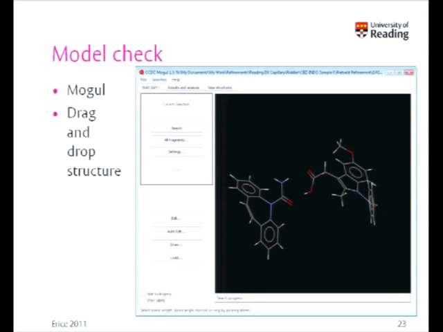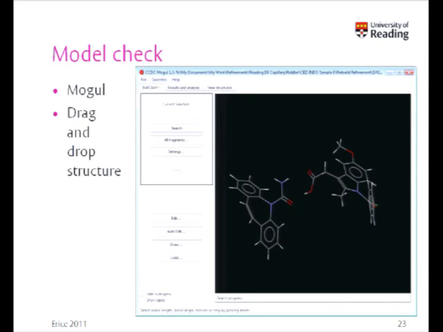But basically what you can do with Mogul is drag and drop a CIF file on, and either highlight certain bond lengths or angles that you wish to have checked, or just allow it to check the whole molecule. What Mogul does is analyze the bonds within the molecule, and then go off and query, in effect, the Cambridge Structural Database to find different representatives of each of the bond types within the database.